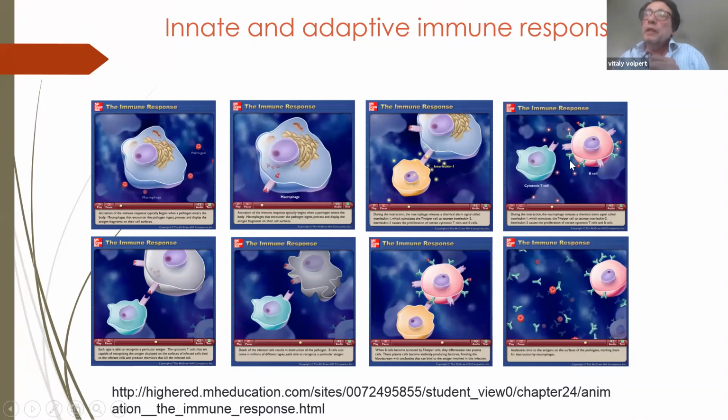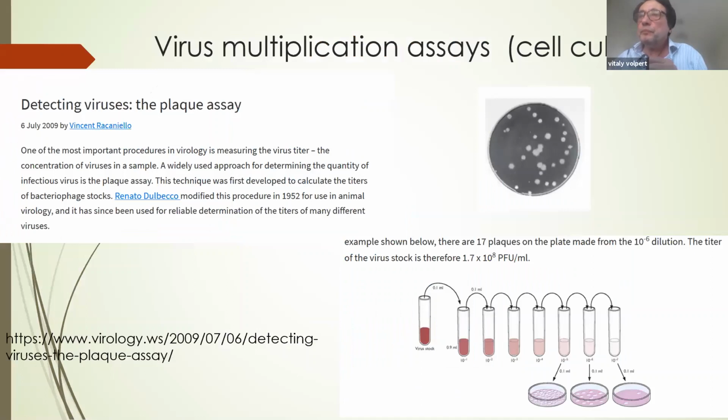T lymphocytes eliminate infected cells, and B lymphocytes produce antibodies, and these antibodies neutralize these viral particles. Of course, this is a very short and very simplified presentation of viral infection and immune response.